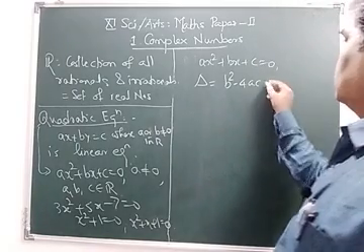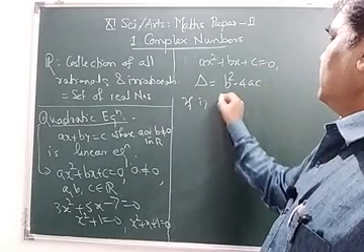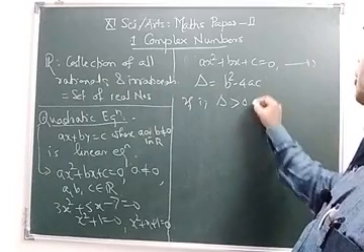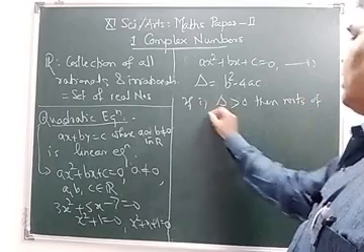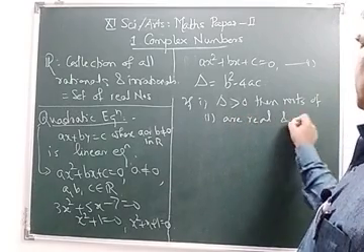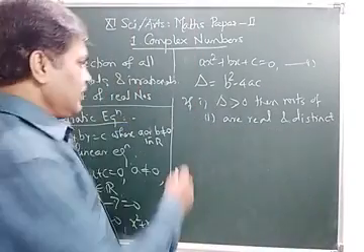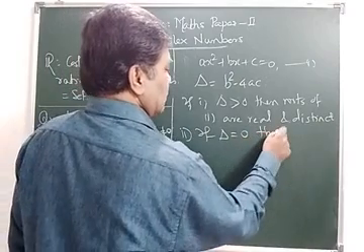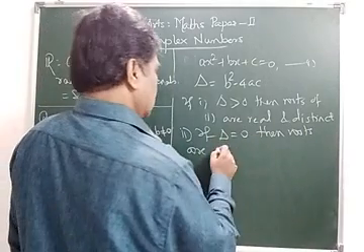If del is greater than 0, then the roots or solutions are real and distinct, which you studied in 9th standard. Secondly, if del is equal to 0, the discriminant is 0, then the roots are real and equal.